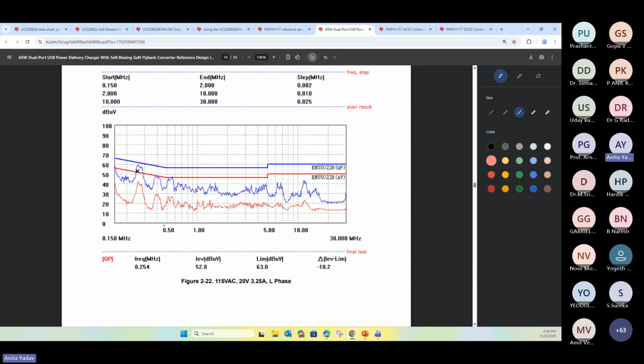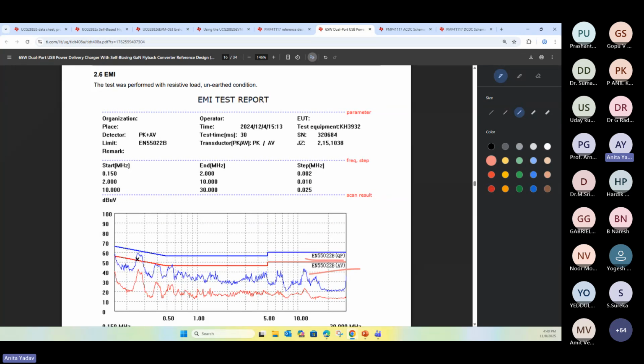In the conducted EMI test, this is the standard. Basically, this is class B, CISPR 32 only, but for a different reason the name is changed to EN 55022 B, but both have the same standard. Here there are two measurements, average as well as quasi peak.